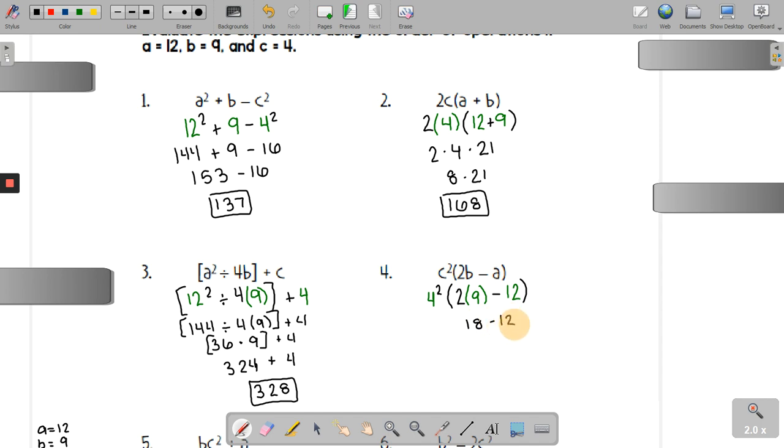And then we're going to subtract 12 from it. 18 minus 12 gives us 6. We cannot forget about our 4 squared out here. And 4 squared is 16.